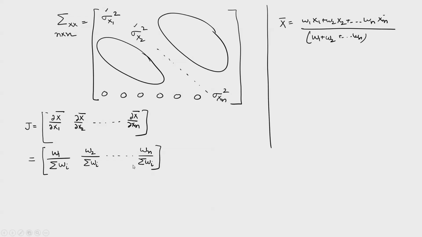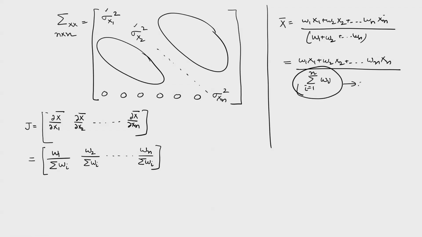I am not writing i equal to 1 to n, it is understood here. Why? Because you will see W1 x1 plus W2 x2 and so on, Wn xn, divided by the sum of Wi, i equals 1 to n, and this quantity in the numerator is constant, because weights are constants, we assume them. So, this is a constant quantity here, because all weights are constant here. Right.